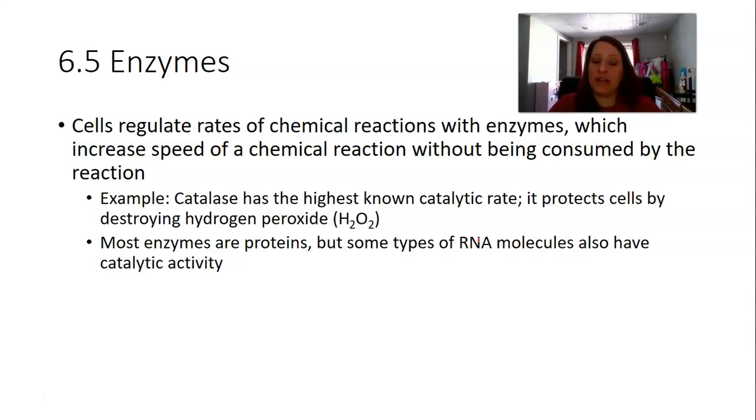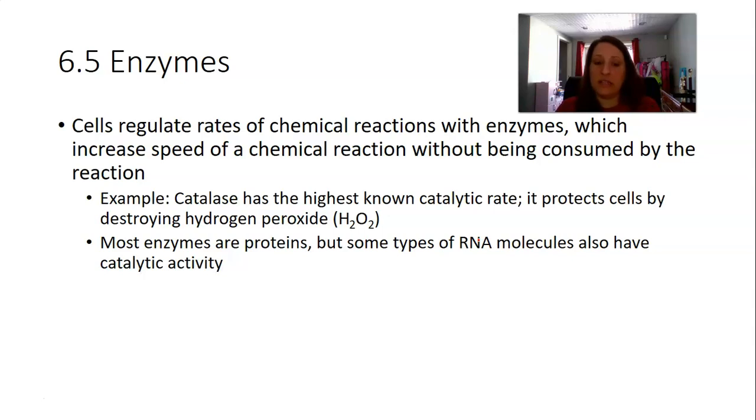Hydrogen peroxide will break down into water and oxygen, but it's not a very fast reaction. And so when hydrogen peroxide is produced inside of your cells, it can be toxic. It can damage your cells. And so your cells don't have time to wait for hydrogen peroxide to break down into water and oxygen. Instead, your cells need to speed up that breakdown.